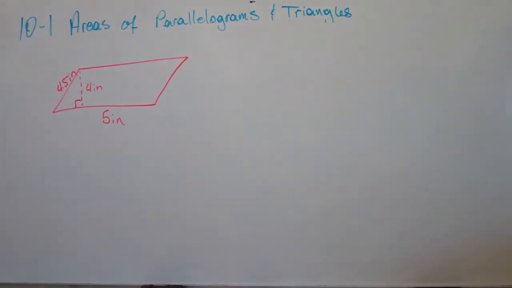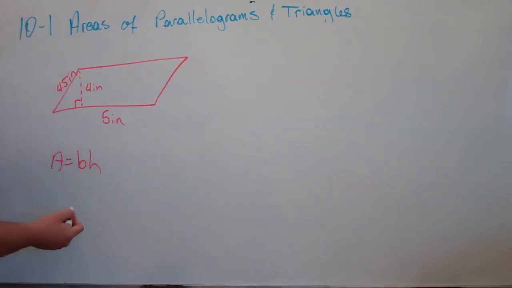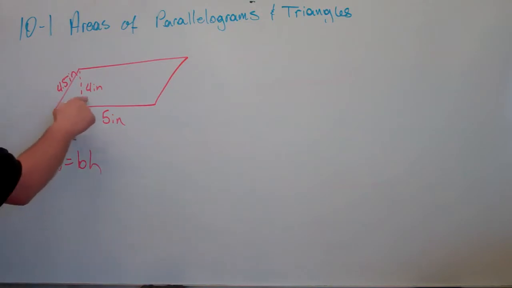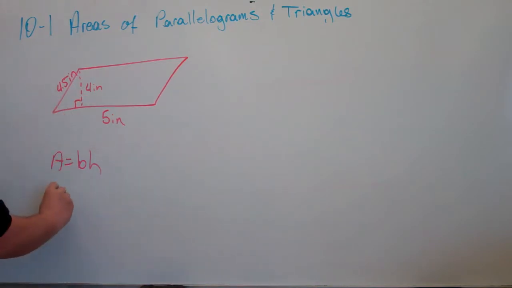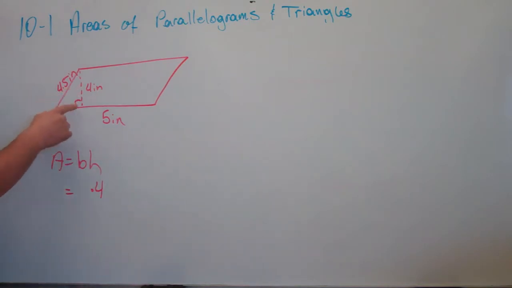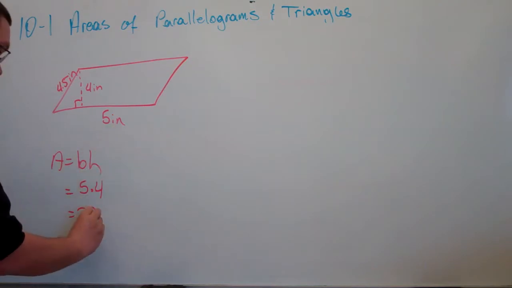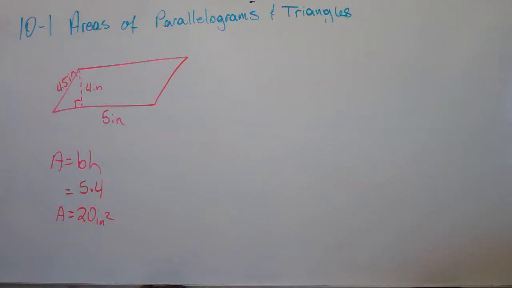Now, if you wanted to find the area of this, you know now it is base times height. So, here's our altitude, so we know that's our height, 4. Now you just have to find a line perpendicular to this line. Well, that's this line. What's the length of that line? 5. So what's our area? 20 inches squared. Don't forget the unit squared on the end.